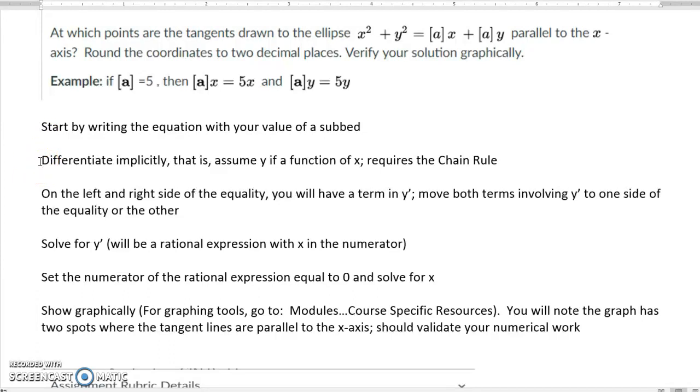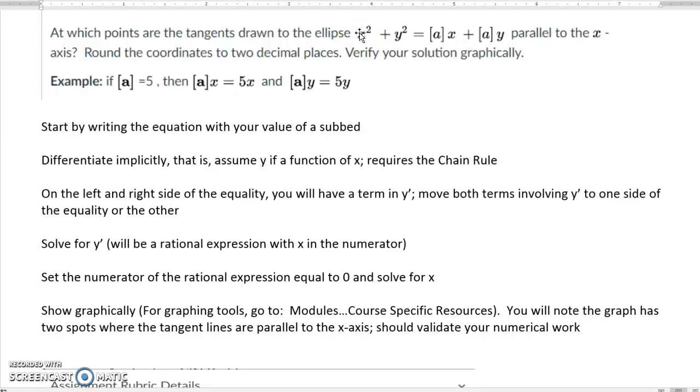Secondly, when we start talking about slopes of tangent lines being 0 and finding those points, obviously we're talking about an application of the first derivative of this equation. What you notice from this equation is that it's not written in a nice form where you have either f of x equals or y equals.